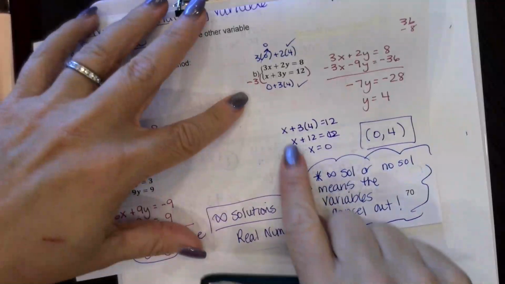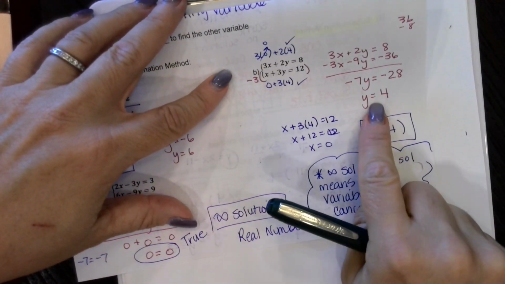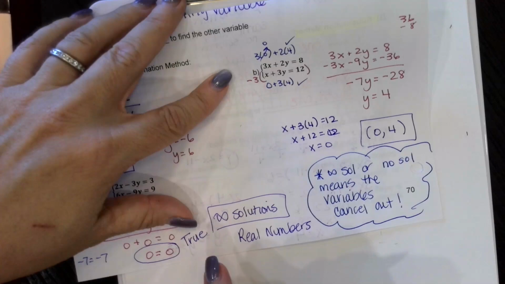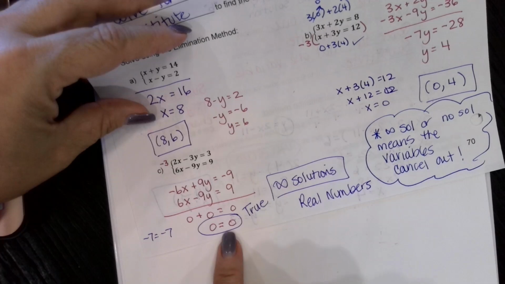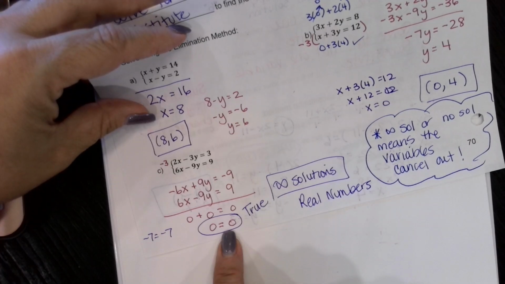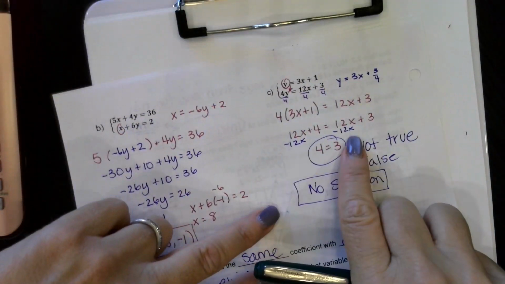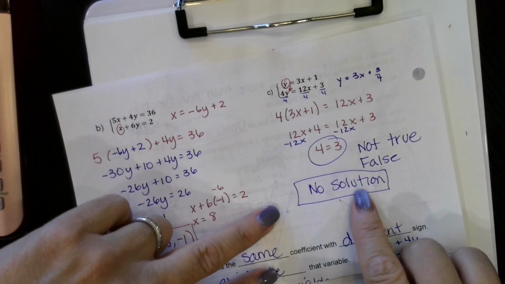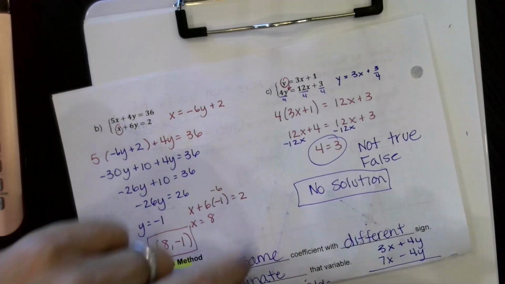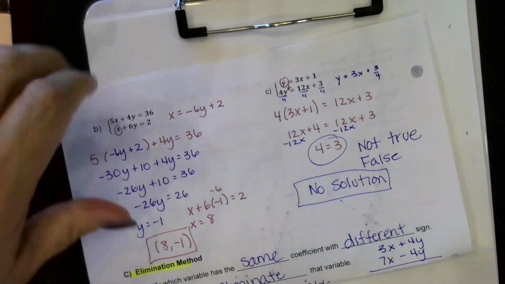If you look at this one up here, we get x equals 0 and y equals 4. The variables didn't cancel out, so I have an answer. Here, the variables canceled out. So when the variables cancel out, I'm either going to have infinite solutions or none. Up here, again, my variables canceled out. Because my variables canceled out, I'm going to have either no solution or infinite solutions. Okay?